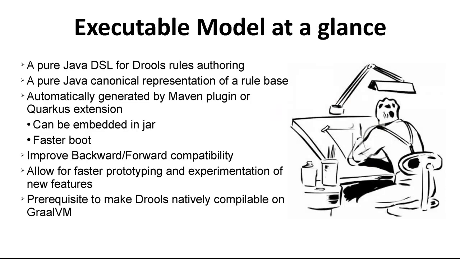Okay, so the executable model allowed us to have a DSL, a Java DSL representation of our rules, and it has a set of nice features, but the most important for this talk is the last one in this bullet list: it allows us to not use any reflection or any dynamic class loading anymore, and then allowed us to have our rules natively compilable on GraalVM.